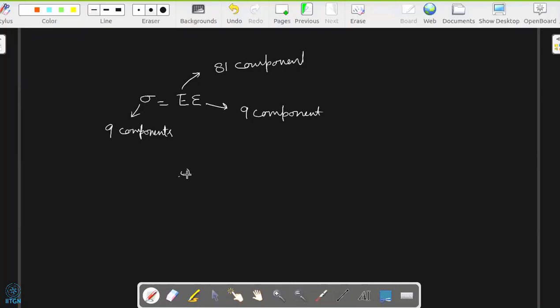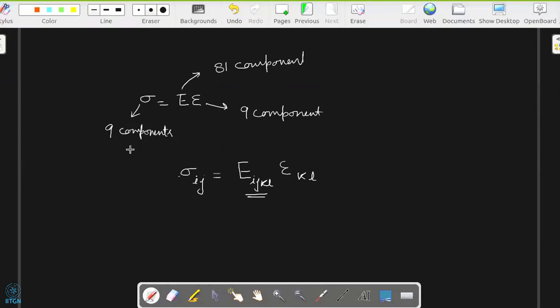In index notation, it is represented as sigma_ij equal to E_ijkl epsilon_kl. There are 4 indices, so it will have 3 raised to 4, that is 81 components, with contraction between k and l.